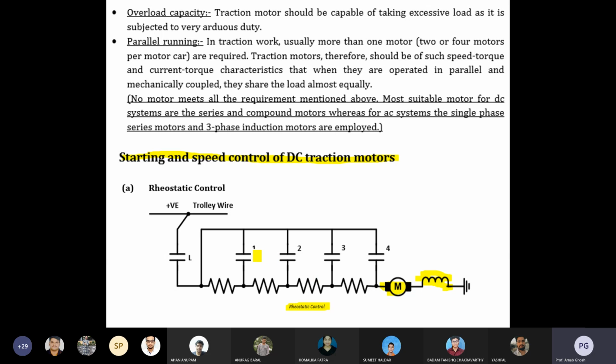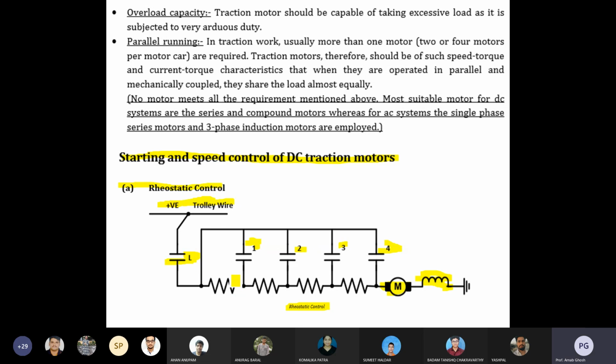Here you can see the contacts: one, two, three, four. This is the line contact, the trolley contact, and this is the trolley wire. In the case of a tram, it is a drum type of control. Let us see how it works for both possibilities.